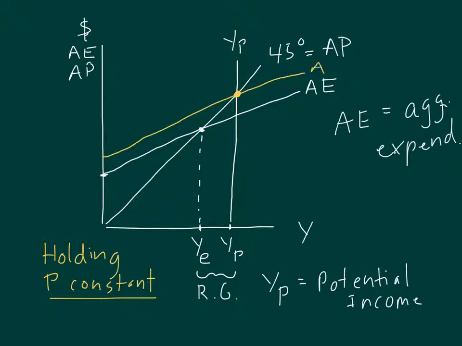I'm going to label that AE prime, and we can think of this as an actual vertical shift up. The other thing to note here is that a shift of this size allows us to achieve an increase in income that is this size, the size of the recessionary gap. So a relatively smaller shift in aggregate expenditures ends up generating a bigger shift in income. And of course, that's because of the multiplier effect, which we have seen before.